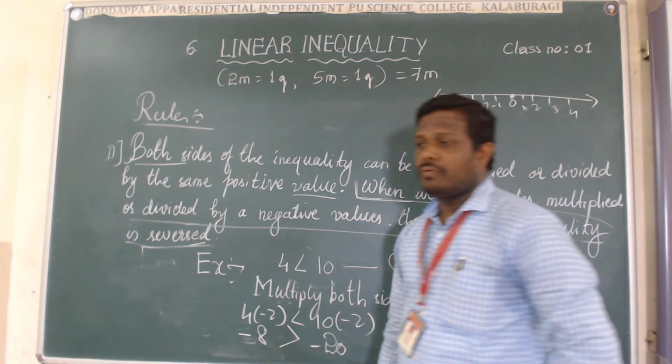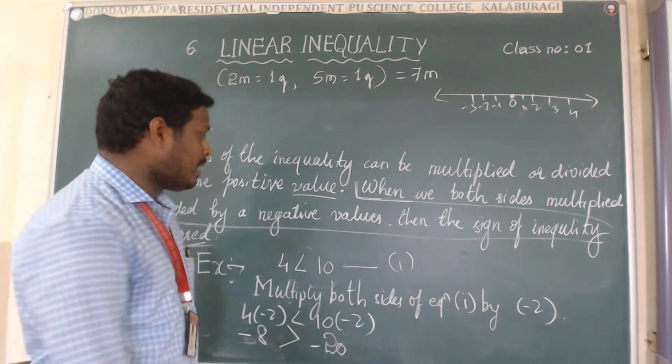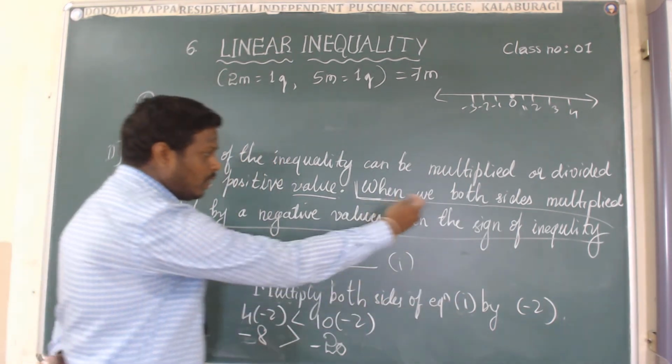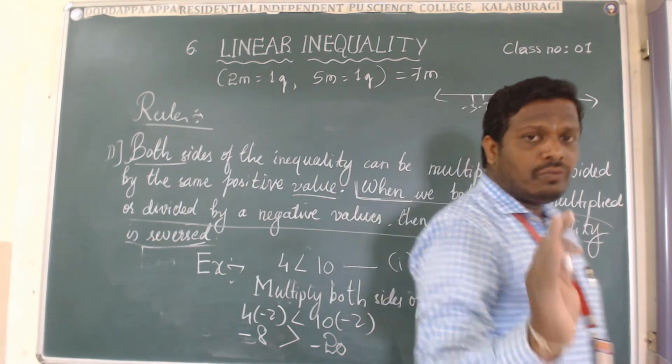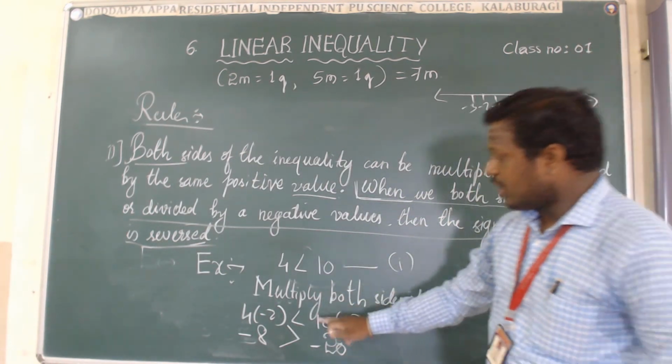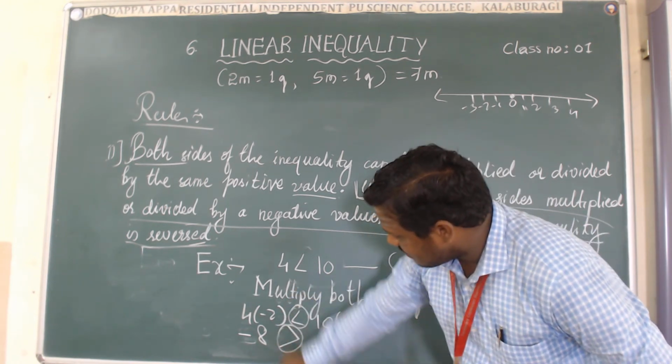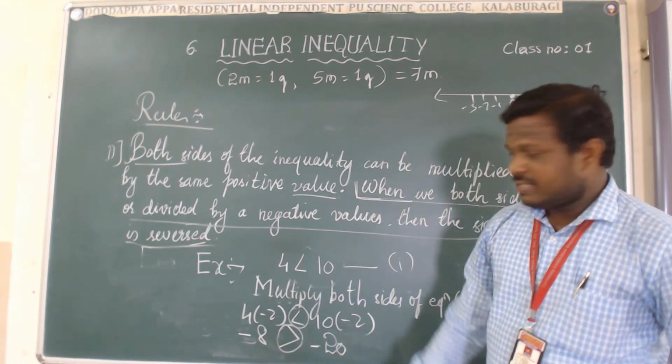See what happens to the sign of inequality when we multiply by minus 2. When we multiply both sides by a negative value, the sign of inequality will change. This is the main point, the understanding point, the remembering point.